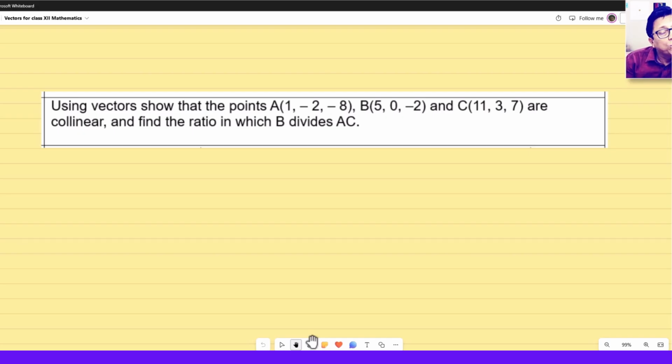Purely section formula method. You assume that A and C are the points, and then B divides it in the ratio m is to n. Or you can take lambda is to 1. It's up to you.